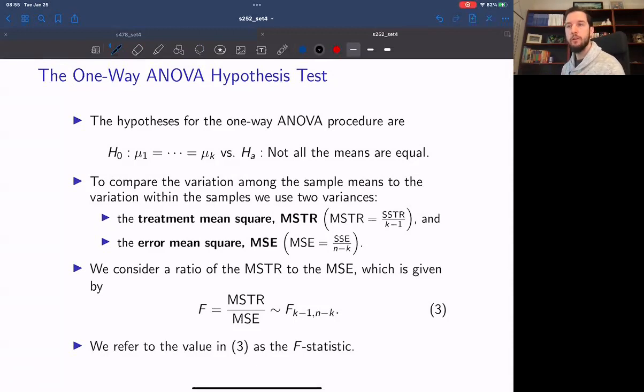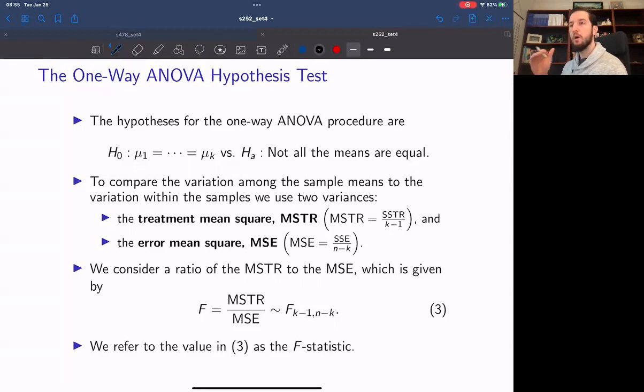The only thing that's going to differ is the number of population means, or the number of levels in the experiment that we are studying. So in general, we would write H0: mu1 equals mu2 equals mu3 equals mu4 equals mu k. The alternative will always be not all means are equal. You could also say a difference exists among the population means.